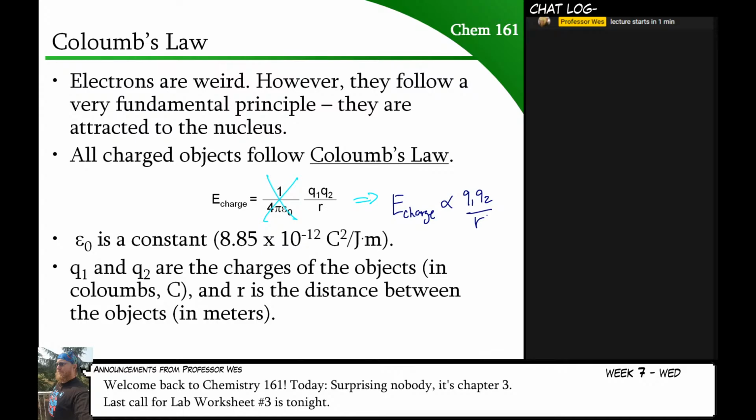Q1 times Q2 over R. Now, what are these terms? Q is equal to the charge, and R is the radius, or distance.